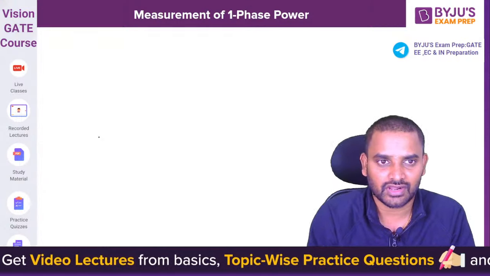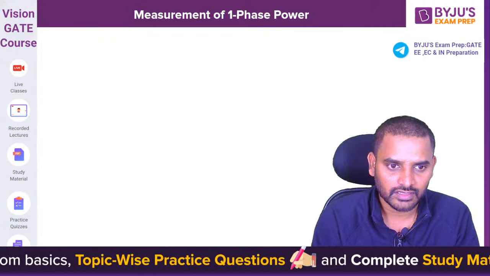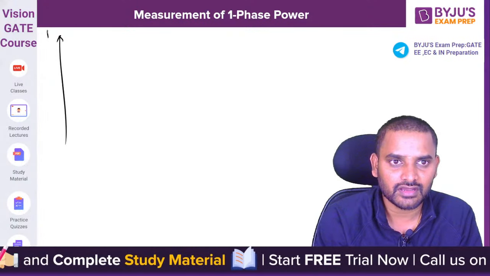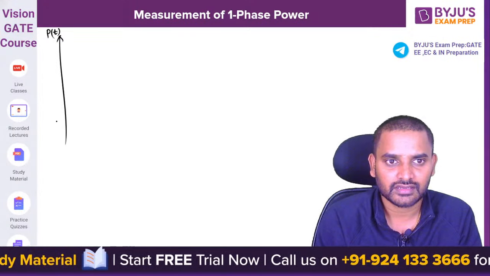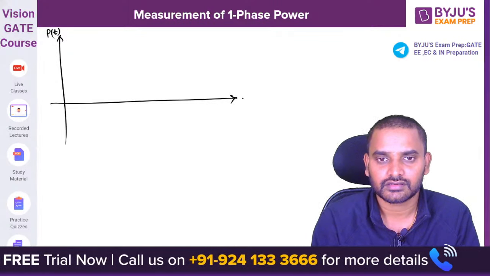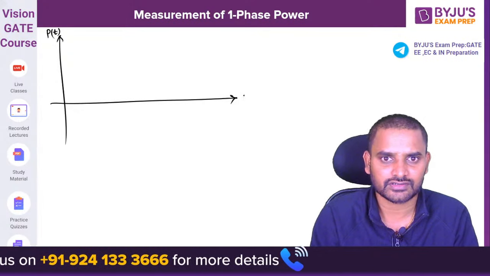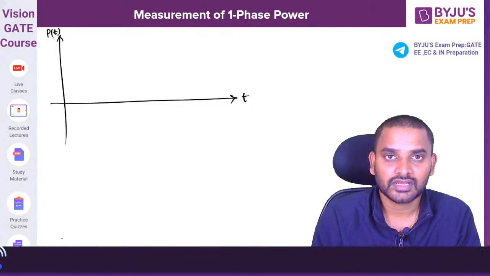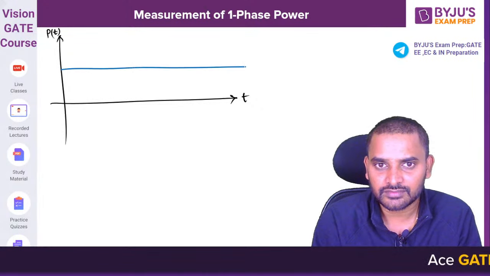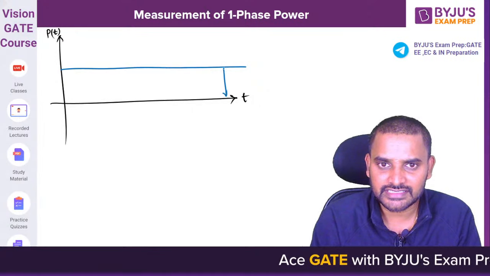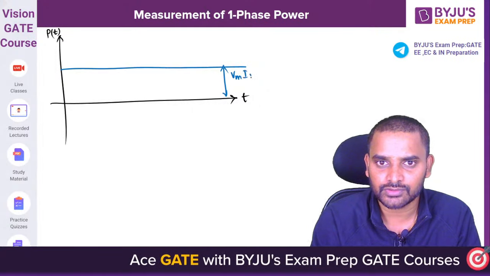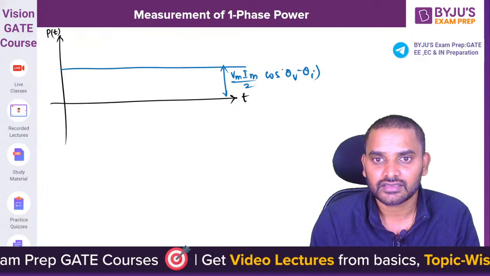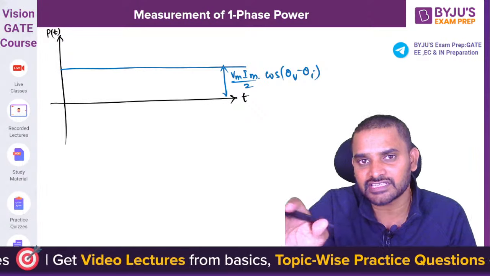If I draw a graph, the power curve will be like this. P of t will be on omega t, or otherwise just t. There will be one constant term, and this height is around Vm Im by 2 into cos of theta V minus theta I, because it is not going to change with respect to time.